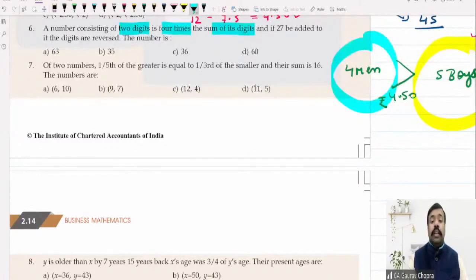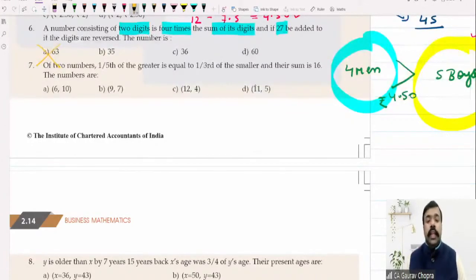Now we have to multiply with 4 because it is 4 times. And if we add 27, then the digits are reversed. Then find the number. So if we do 63, 6 plus 3 is 9, and 4 times of 9 is 36 and not 63. So option number A is incorrect.